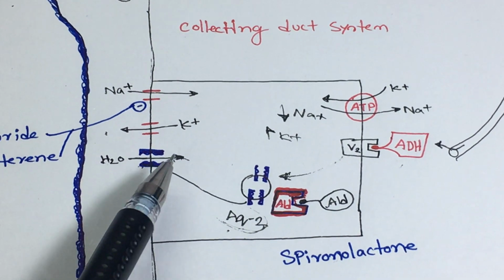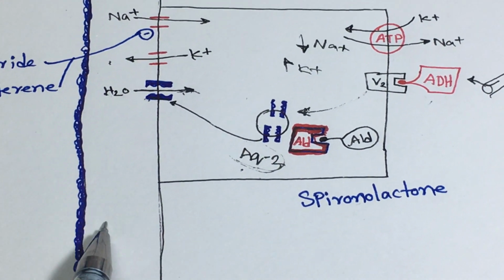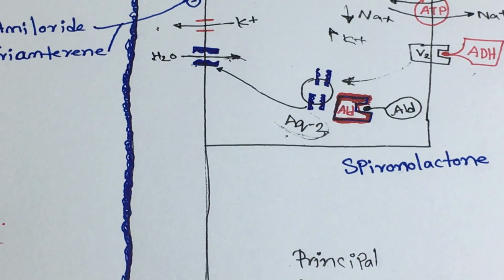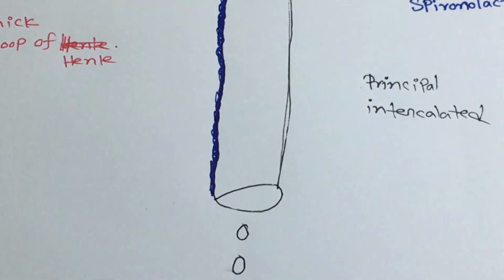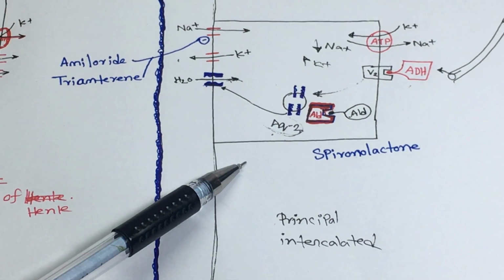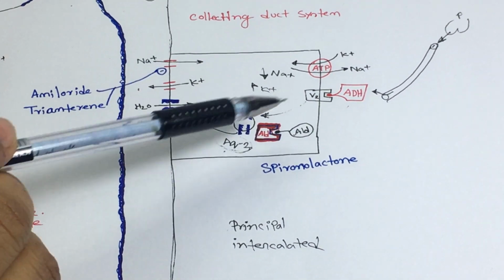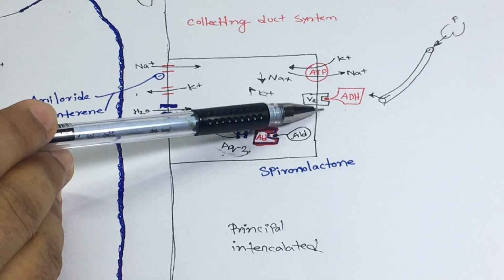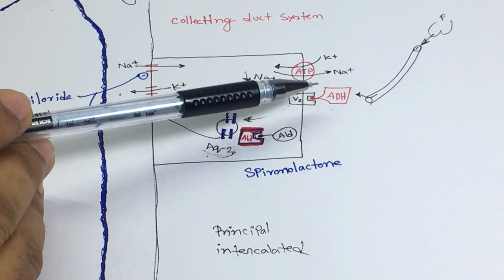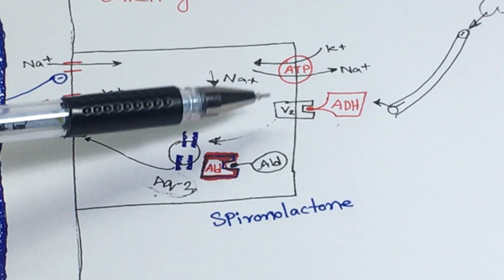So water can't be reabsorbed, luminal fluid will be increased, which will increase our urine volume. These things happen in diabetes insipidus patients because they either don't have this ADH, or their ADH is not working on their kidney.